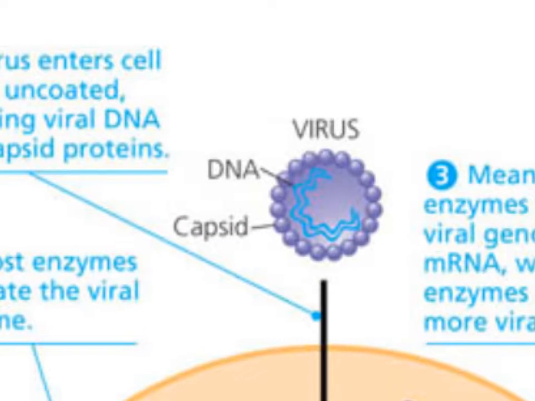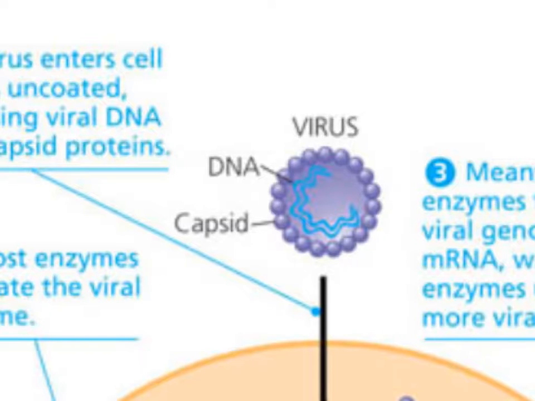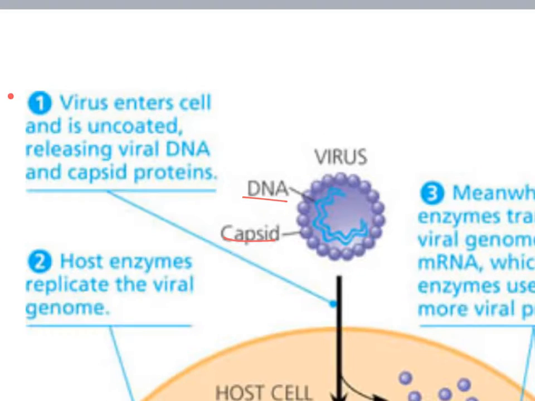This is where you have the virus parts. The DNA is the genetic material, and the capsid is like the membrane of the virus, but it's not a membrane. It's called a capsid. It's just proteins around it.